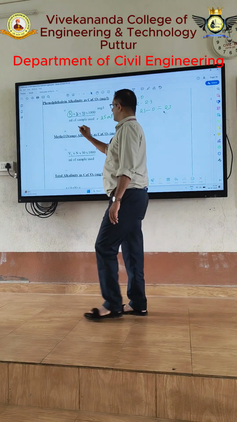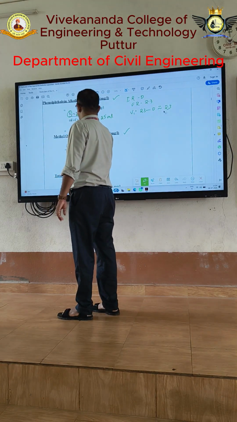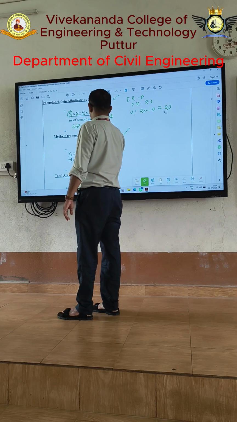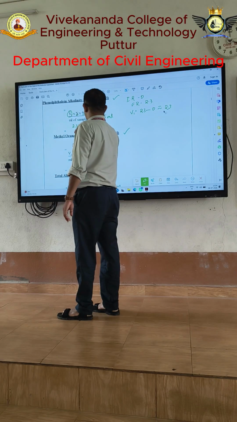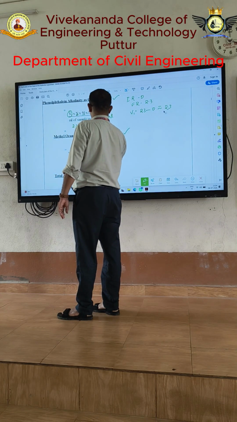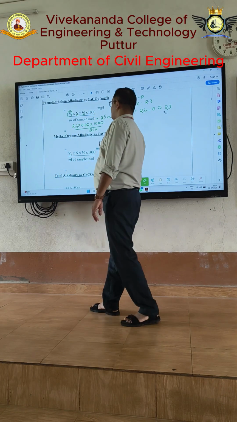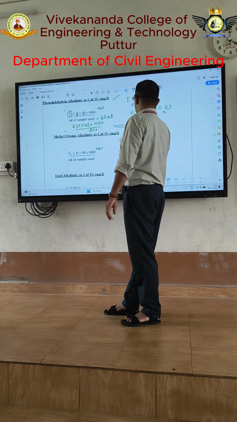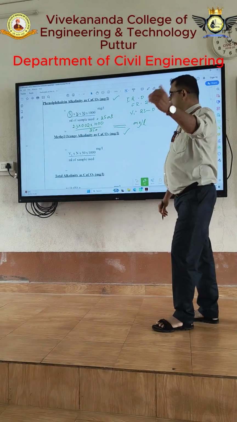So what do I have to do here? 2.3 into normality, which is 0.02, into 1000, divided by 25 ml of the sample which I have taken. Whatever the value is, that is in milligram per liter.